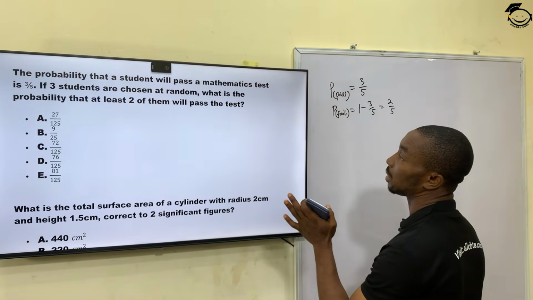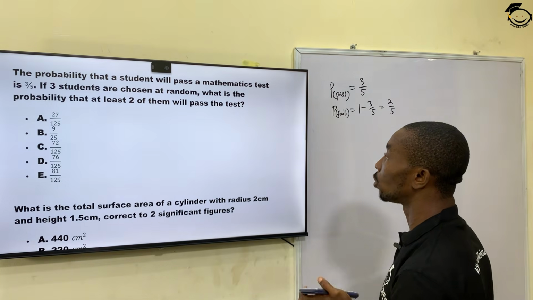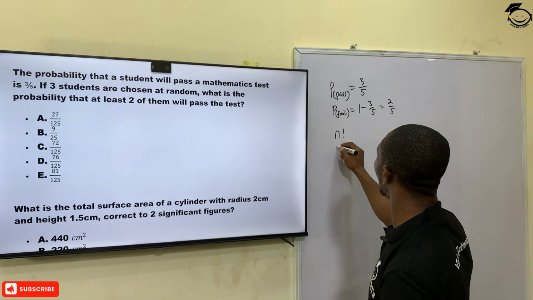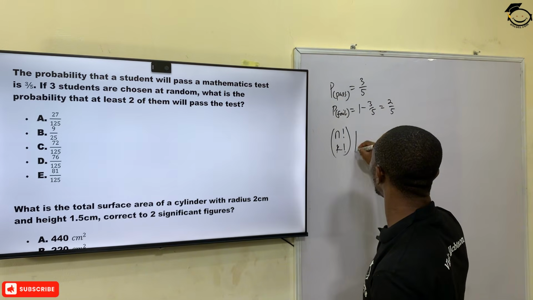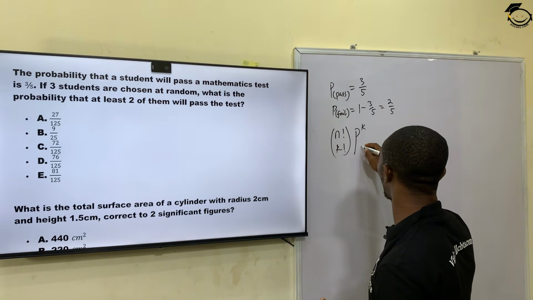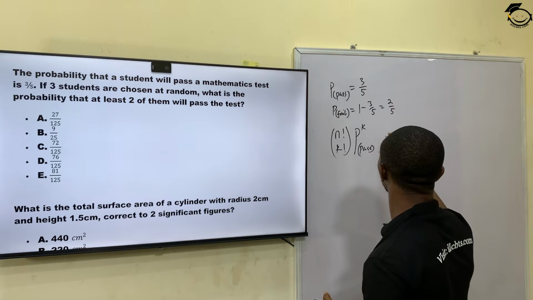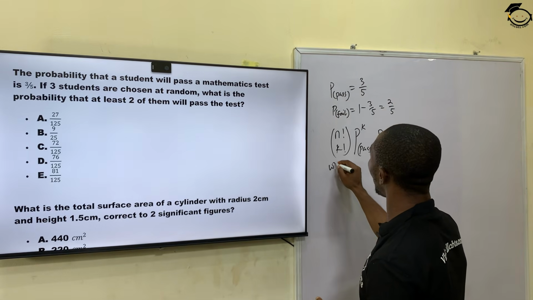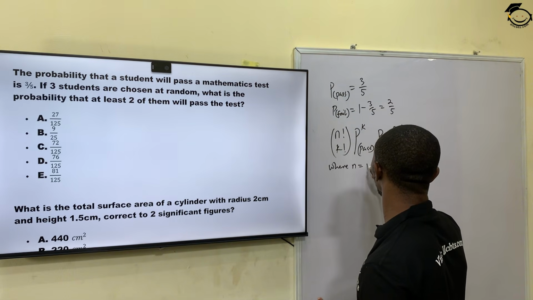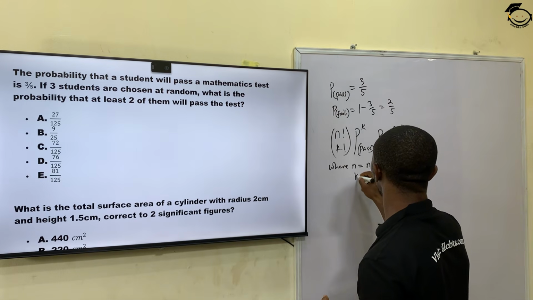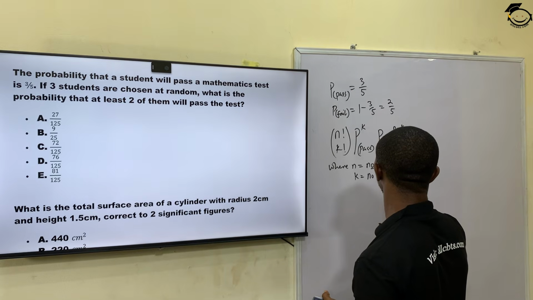So the probability would be n factorial over k factorial times (n minus k) factorial, times probability of pass to the power k, times probability of fail to the power n minus k, where our n is the number of students and k is the number of students who pass.